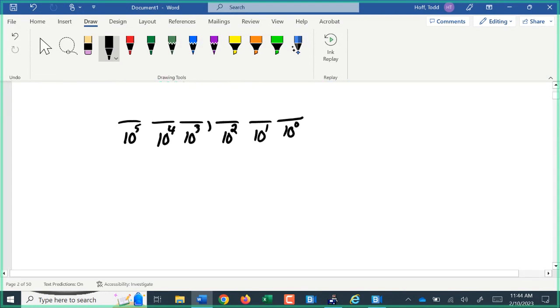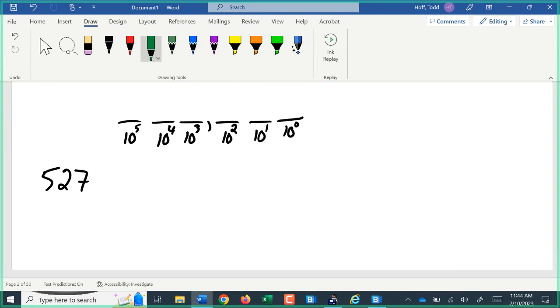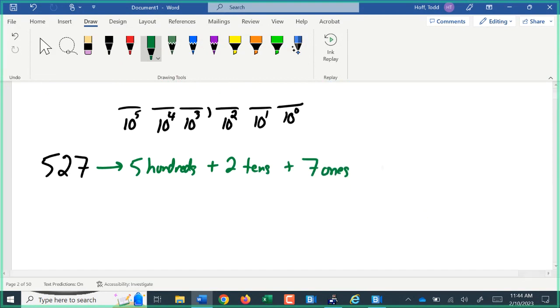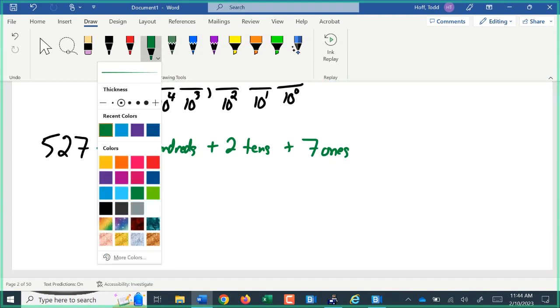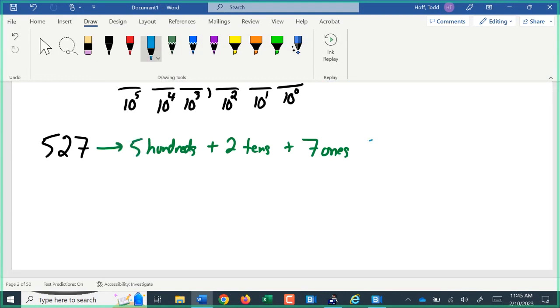And when we had a number like 527, if we wrote that out in full form, it was 5 hundreds and 2 tens and 7 ones. Well, alternative form of writing that full form out, rather than writing out the names of the place values, we could have wrote the powers of 10.